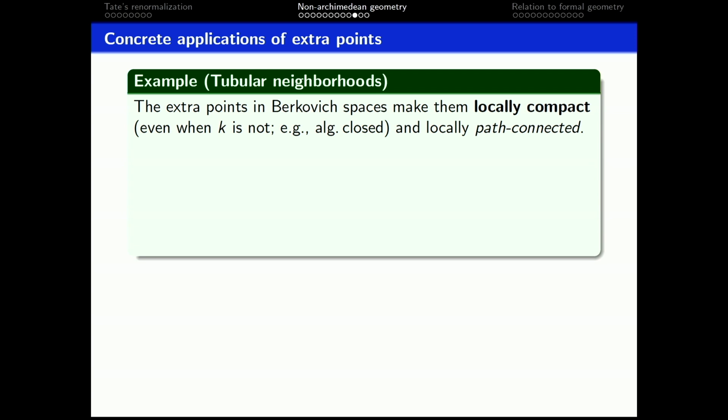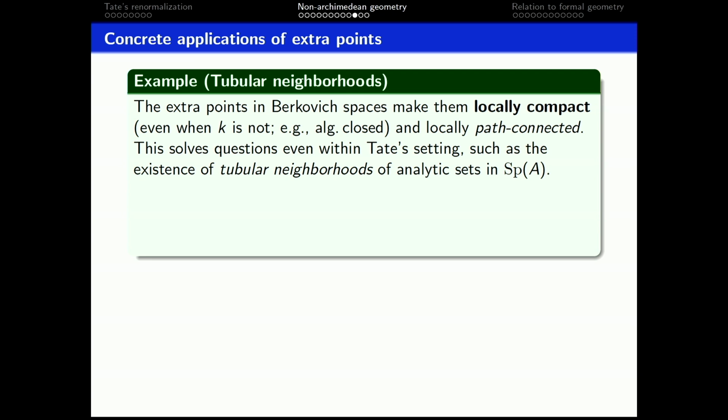These Berkovich spaces, amazingly, even when the non-Archimedean field is highly not locally compact, like algebraically closed, are locally compact and locally path-connected, and this allows you to do things that seem out of reach within Tate's original setting.